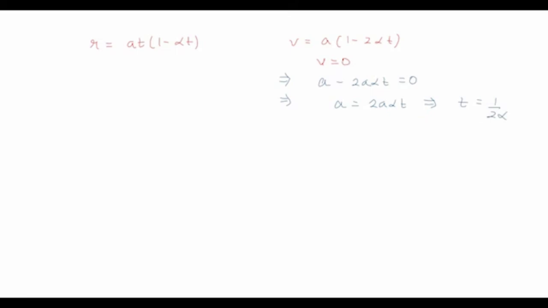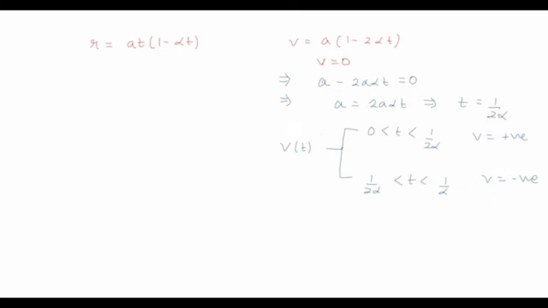We can consider velocity in two ways as a function of time. One is between t equals 0 and t equals 1 by 2 alpha, where velocity is positive and again becomes 0, after which, from 1 by 2 alpha to t equals 1 by alpha, the velocity is negative and the particle is coming back to its original position. So we can consider it in these two ways.